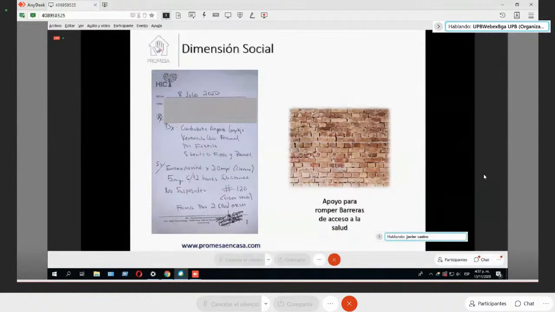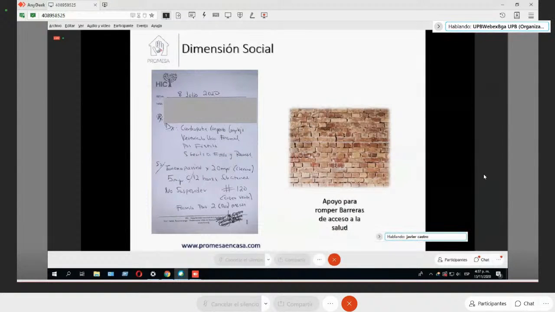And in the social dimension, which is very important for us in our context, as a team, we try to support the parents to break these hurdles, these walls for healthcare access, which are sometimes created between the parents, the caregivers, the healthcare providers, and the physicians.